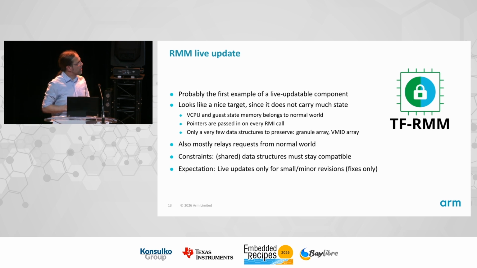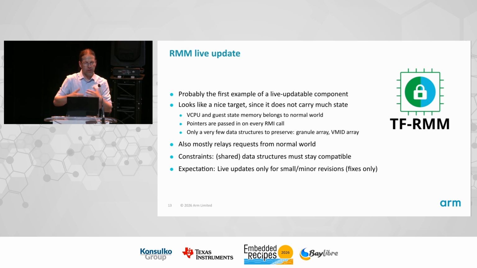And all the blocks, like the vCPU state and all the guest memory, the kernel cannot see them because that's the idea of confidential computing, but it's still under control of the kernel. The kernel logically owns the memory and just gives it to the RMM. So all the state is in this memory that's handled by the kernel. And if there's a new RMM, it would automatically get the same state on the next call.